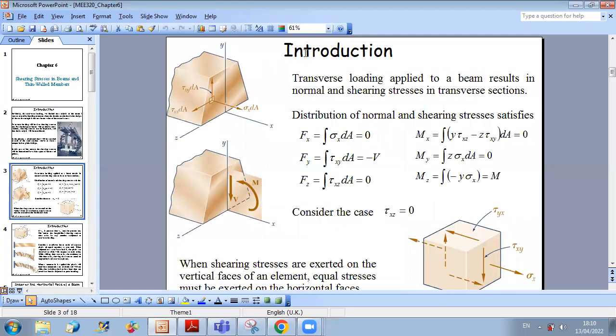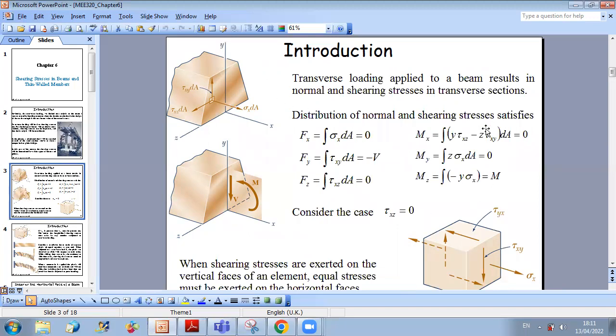We have already developed together that transverse loading applied to a beam will result in normal and shearing stresses in transverse sections. And we have seen that the distribution of normal and shearing stresses should satisfy the following equations.